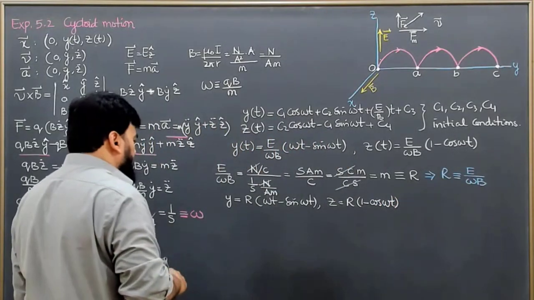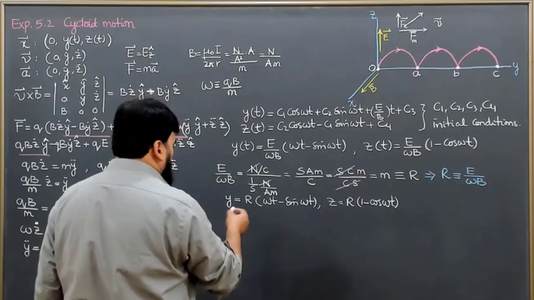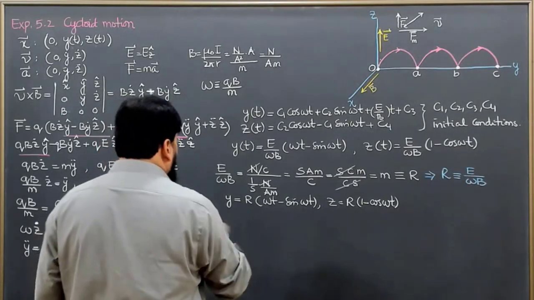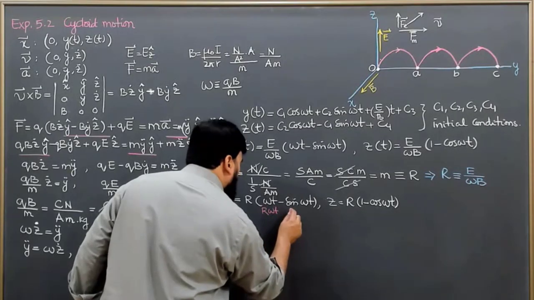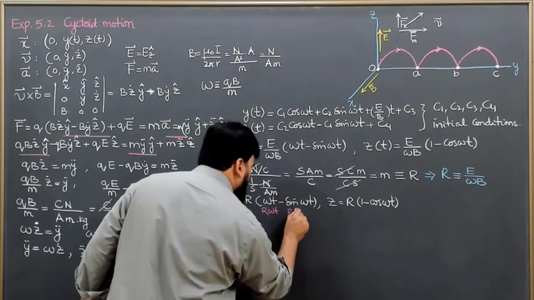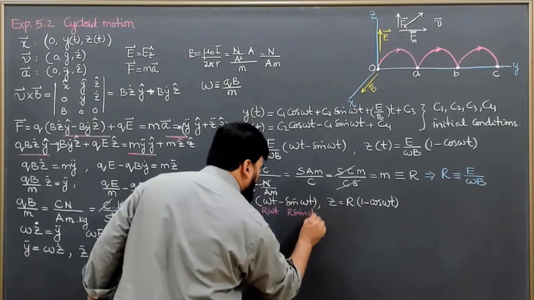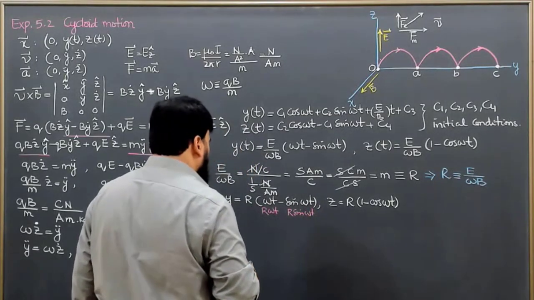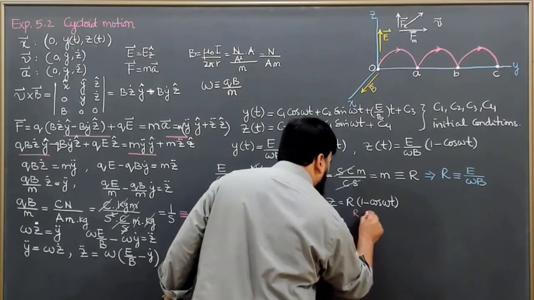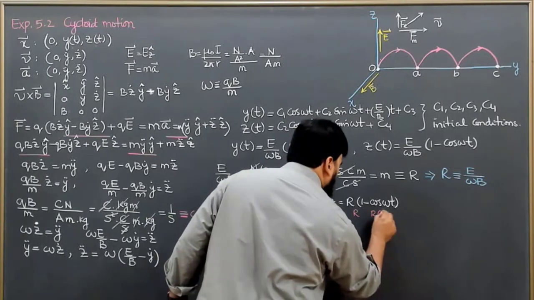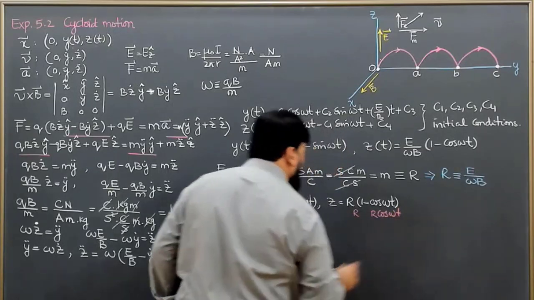Now if I multiply this r with this one, it will come out to be r omega t and r sine omega t, and here it will be r and r cos omega t.